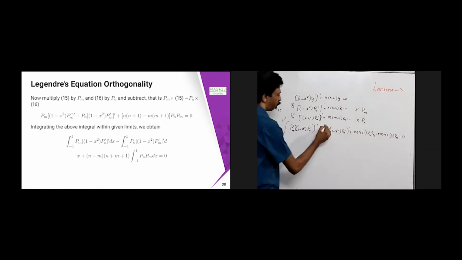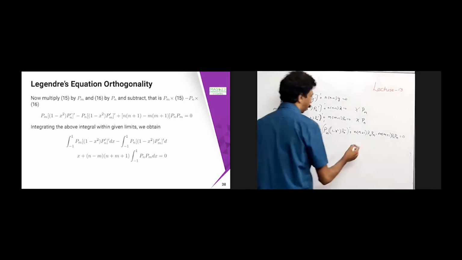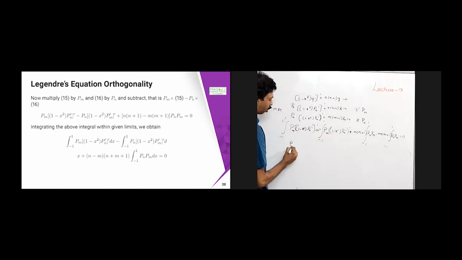Okay, so now I'm just going to integrate this. If I integrate, this is going to become minus 1 to 1 for each term. Now if I integrate this, I can write Pm into d of (1 minus x squared) Pn dash.